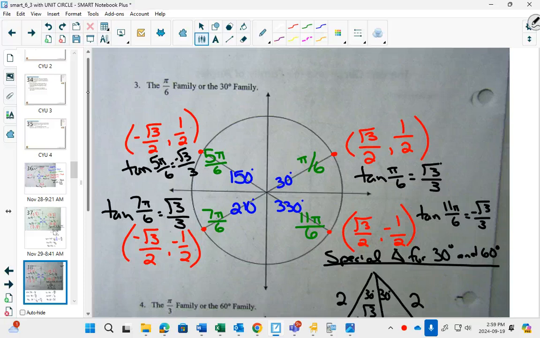What about cos of 390 degrees? Amber, you gotta pick. Alyssa, you got picked. So first of all, we gotta figure out where 390 degrees is. 390 degrees is not on there, but it's coterminal with something.